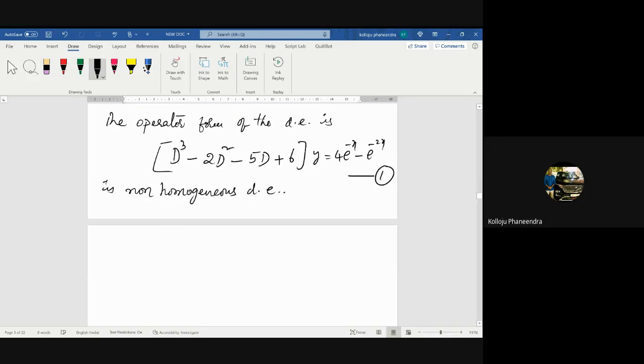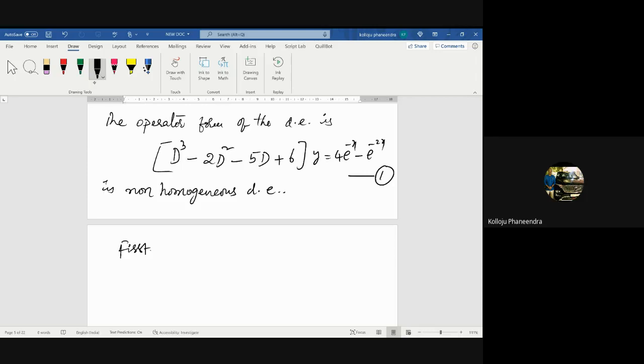Procedure. What is the procedure? Don't forget the procedure. What is first? The original procedure is what? First we have to solve the homogeneous differential equation and let its solution be the complementary function. Then find the particular integral. Then take the sum of those two. yc plus yp is the solution of equation 1.